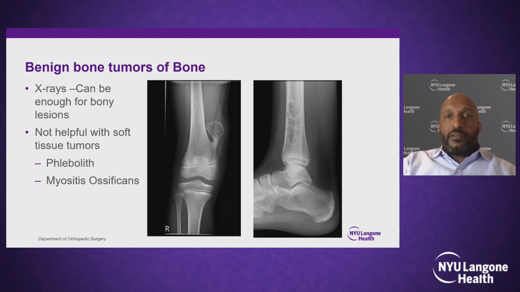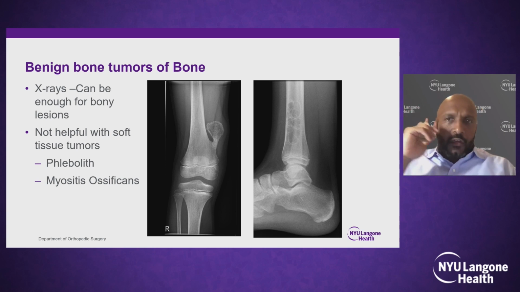They may not by themselves give you everything you need, but if it's a firm mass that's bony and doesn't move and has been there for most of the life of the patient, it's possible you may not need any further imaging. So I think X-rays are a good first study to do in the office. Very easy access. Most of us have X-rays in our offices, and it could be helpful.